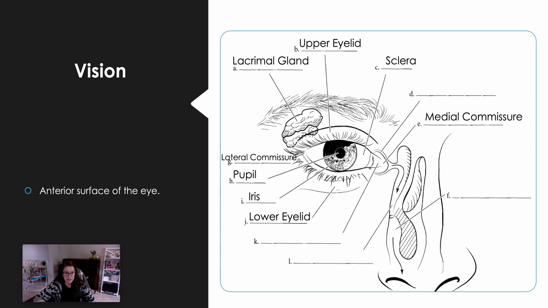All right, let's get into physiology now. You have this gland just above the lateral commissure called the lacrimal gland. The lacrimal gland is going to produce an aqueous solution, in other words, your tears, and it's going to be released just at this upper eyelid area here and near this lateral commissure.